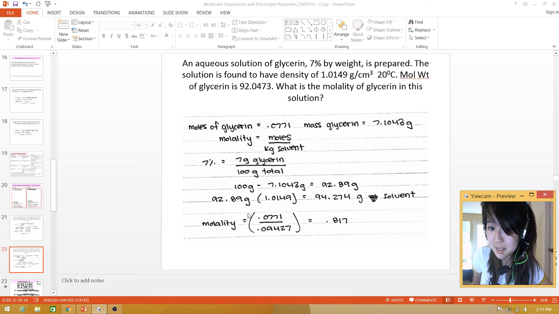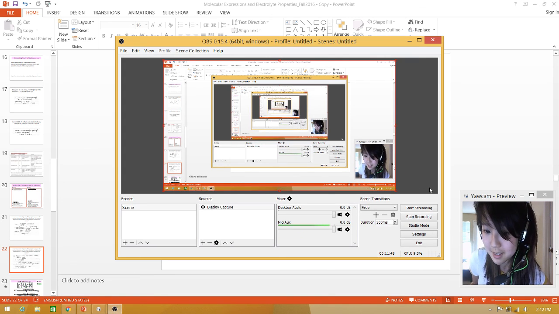This is the mass of solvent if the density were equal to 1, but the density is not equal to 1, so we're going to have to multiply that by the density, giving us 94.274 grams, and this is going to be the grams of solvent. Remember, molality is just going to be moles divided by kilograms of solvent. So dividing all of this out, we're going to get 0.817. And that is the end of this lecture.